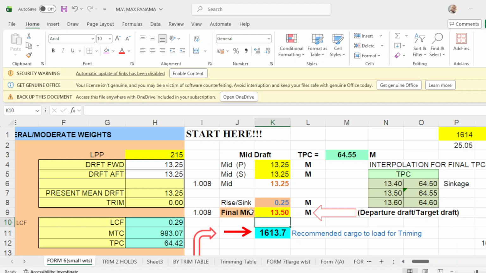The interpolation of the TPC is 64.55, which is this one. I never use this one, but I always use the final mid drop and interpolate the TPC. Then you will have this TPC of 64.55.